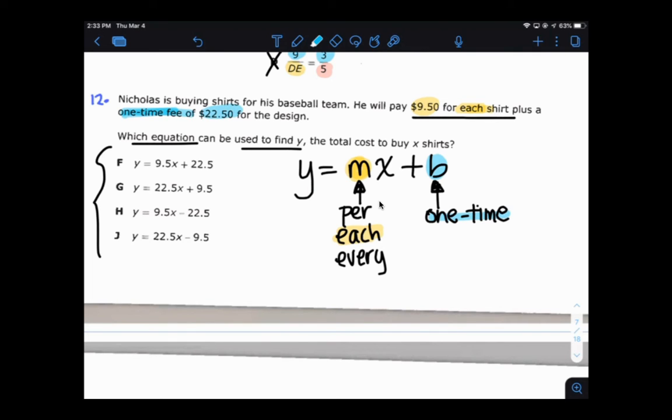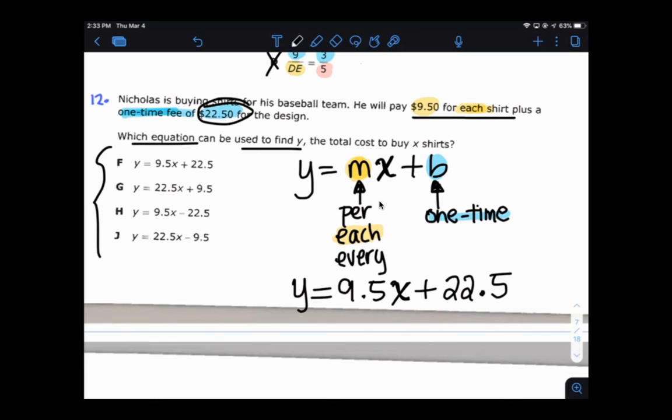So what equation will match this description? We can start assembling our equation. Y equals m, which will be $9.50 times X, right? We just repeat this X right here, plus the one-time fee, which is $22.50, right?